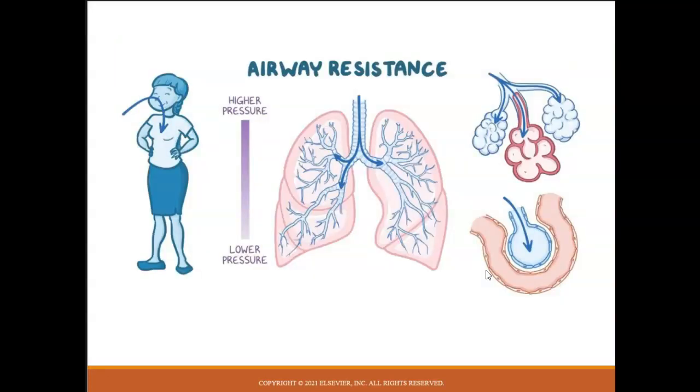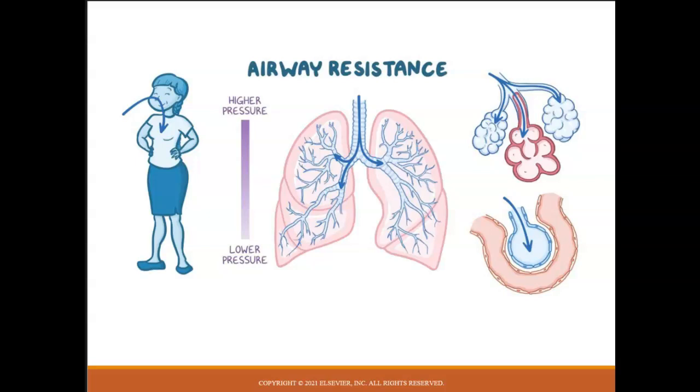I did like this picture to bring these concepts together with the pressure gradients, volumes, airflow and airway resistance. This picture shows you that, again, air is going to enter the lungs from an area of high pressure to an area of low pressure.